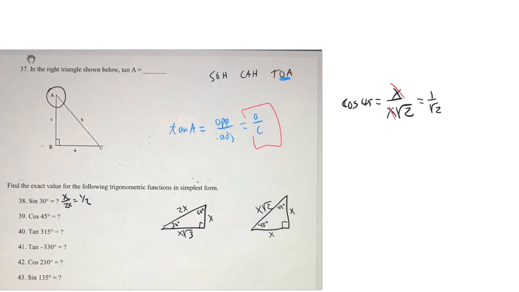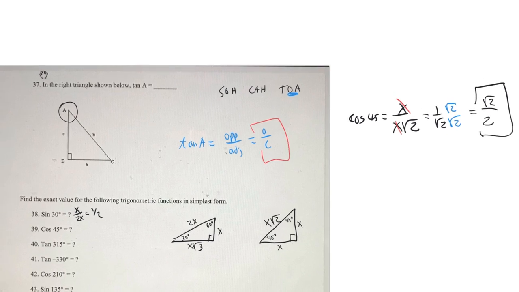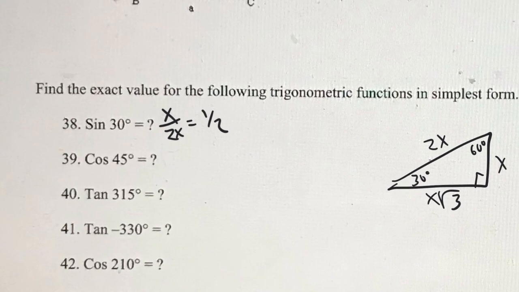Multiplying the top and bottom by radical 2, because sometimes teachers don't like radicals in the denominator, the bottom part would be radical 2 times radical 2, which literally just turns into 2. And then up top, we have a single radical 2 over 2. So that's the answer to this one. It's radical 2 over 2.